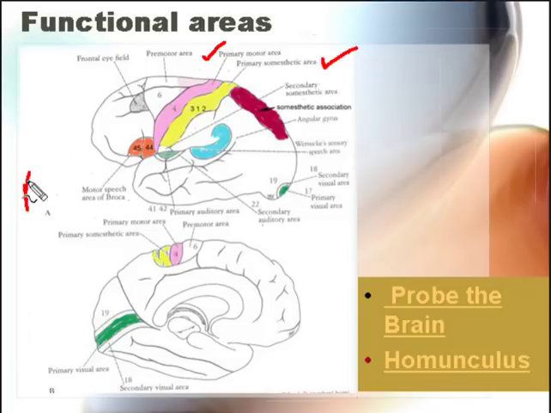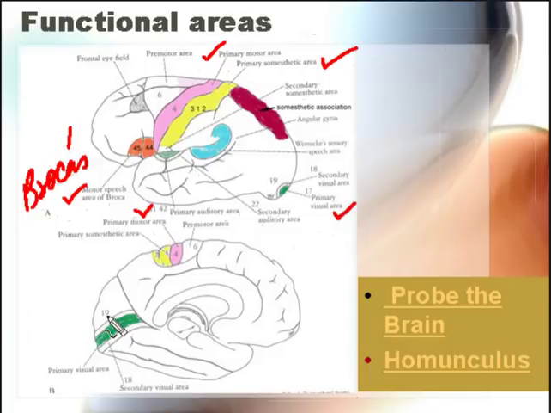The spoken speech is areas 44 and 45. Then we have the auditory area up here, areas 41, 42. The visual cortex is area 17, and the association areas are areas 18 and 19.